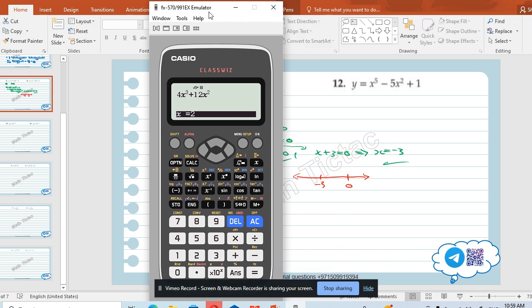So this is negative. Now let's see a value between minus 3 and 0. Once you substitute minus 1, this is positive. So negative, positive, then we have what?